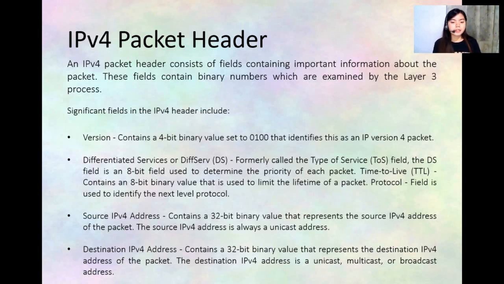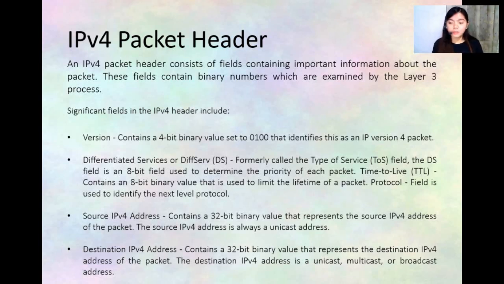Differentiated Services, or DiffServ or DS, formerly called the Type of Service or ToS field. The DS field is an 8-bit field used to determine the priority of each packet. Time to Live contains an 8-bit binary value that is used to limit the lifetime of a packet.